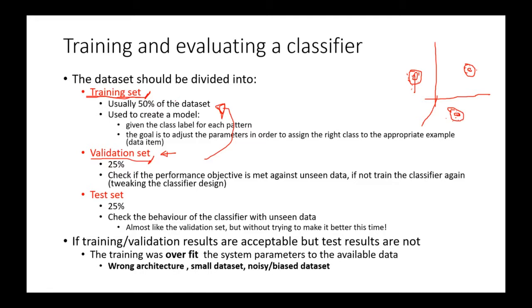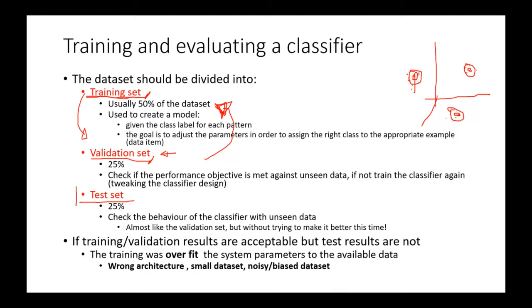This is important. You use the validation set on the trained model to enhance your model. You're going to train again and do the whole thing, training set, validation set again, until you get a very good model.